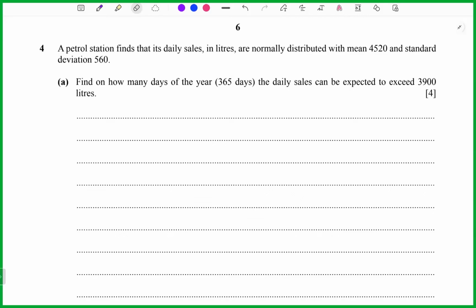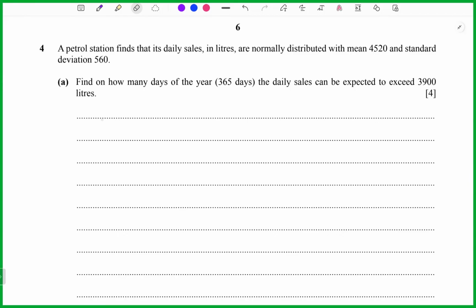So a petrol station finds the daily sales in liters are normally distributed with mean 4,520 and standard deviation 516. Find on how many days of the year, assume 365 days, the daily sales can be expected to exceed 3,900 liters.